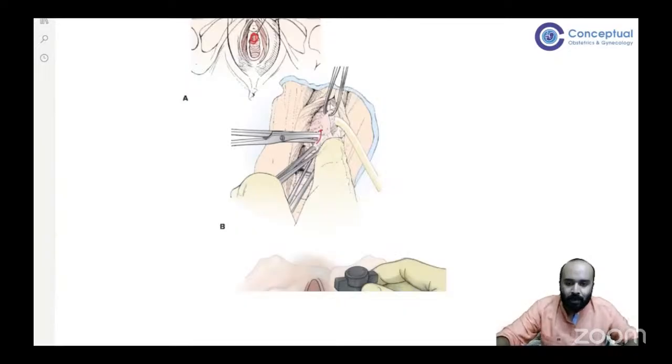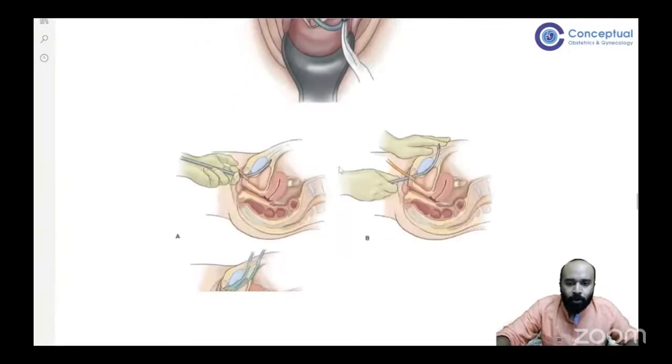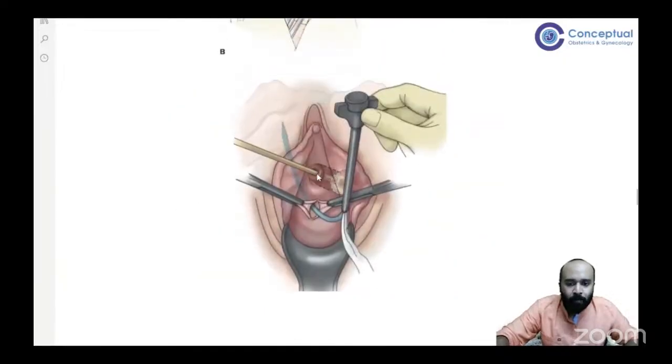हूँ using a scissor. Once that tract is made, then I am going to introduce inside the bladder this Foley's catheter along with a guide wire. This guide wire is going to help me push the bladder on one side. Then I'm going to put this trocar from this incision that I've taken and I'm going to pass it upwards towards the abdomen.